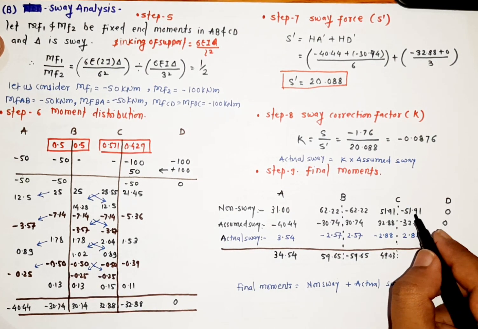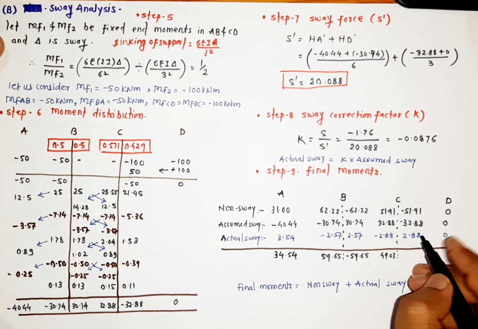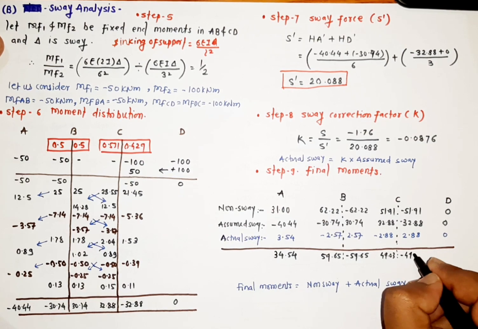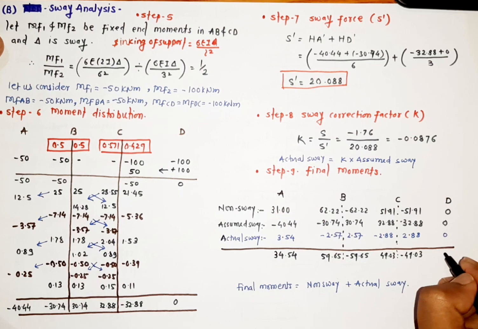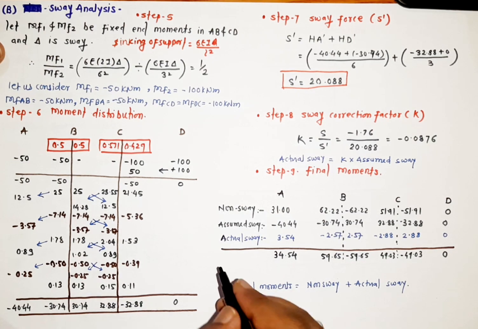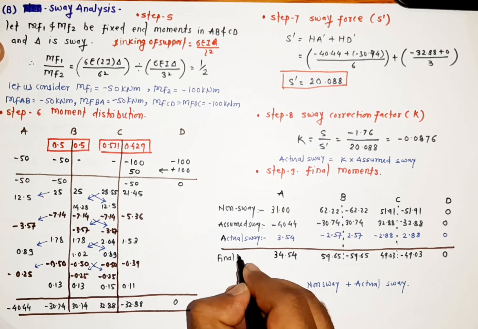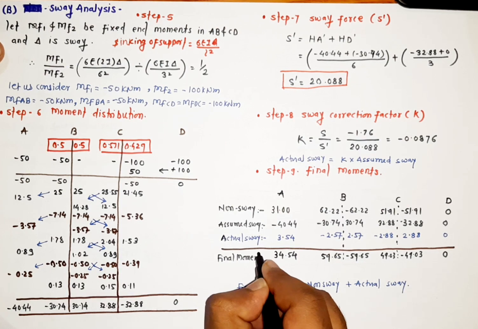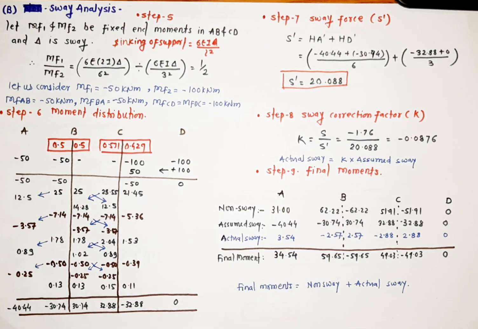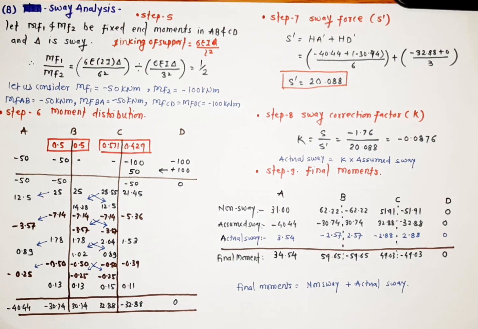Minus 51.91 plus 2.88, it is minus 49.03, and this is 0, which completes our formula, and these are the final moments after calculation. So this completes our problem of sway analysis.